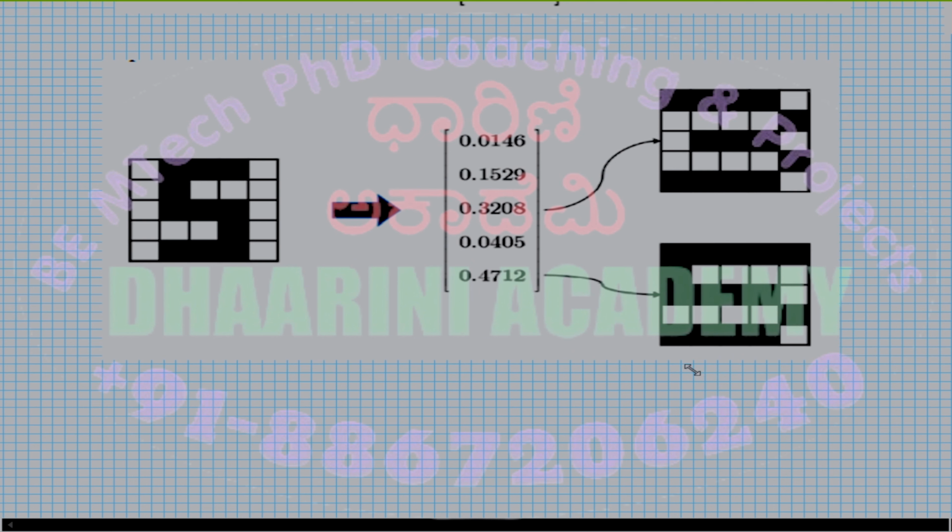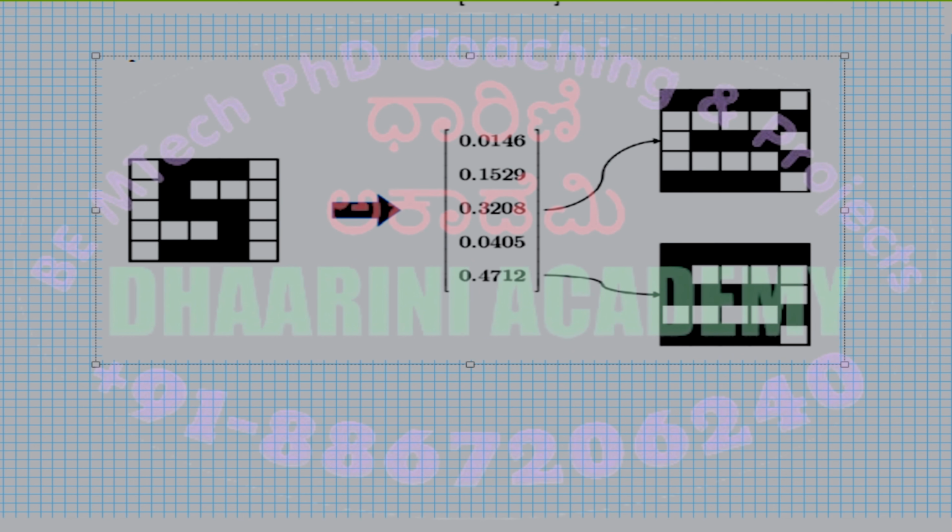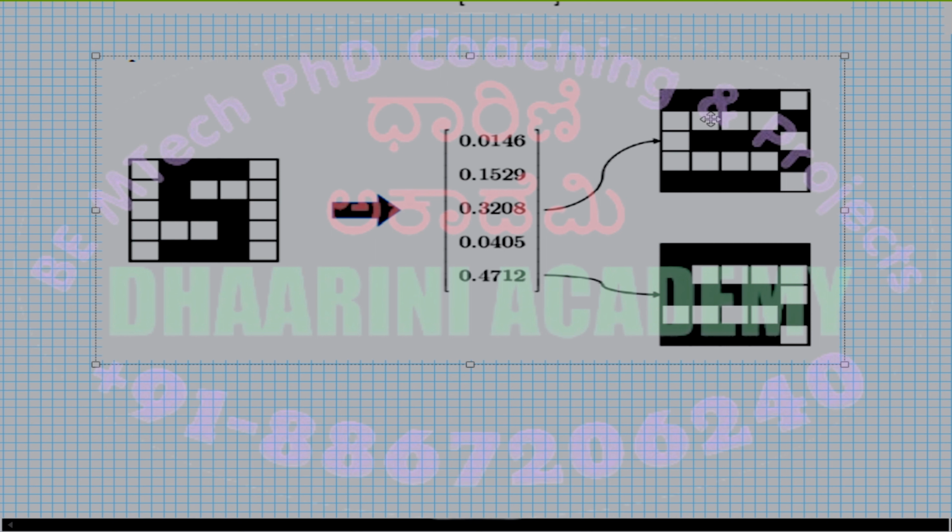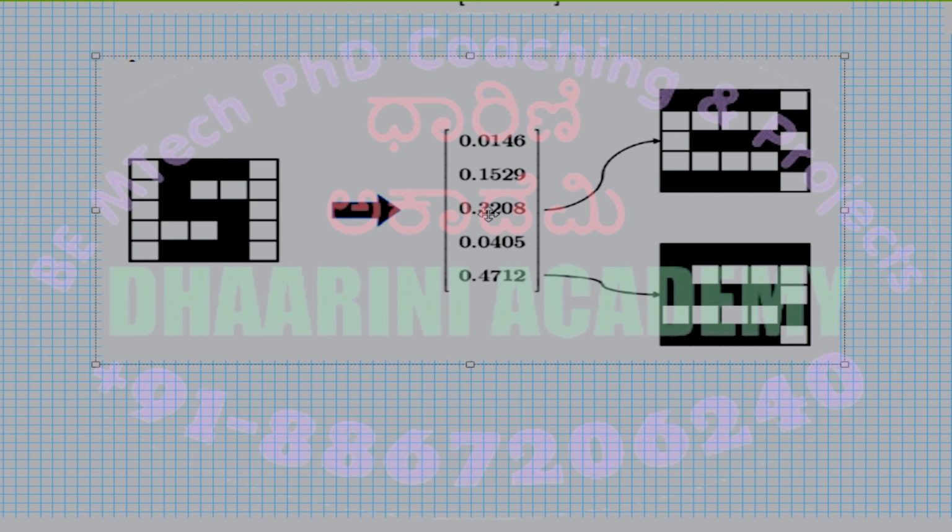The input is something like this. I can see that the neural network classified this as 5 with 47%, 0.4712 probability. At the same time, it also says that this could be 3 with 32%.